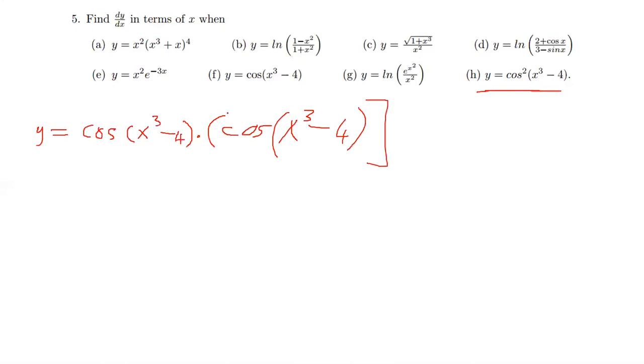So this is a product rule. We're multiplying two functions, we have this function and this other function here, so we need to use product rule.